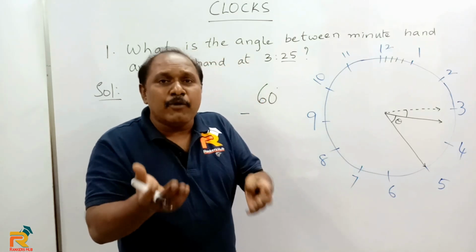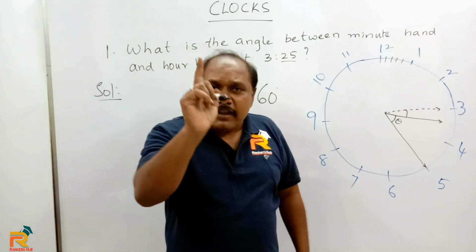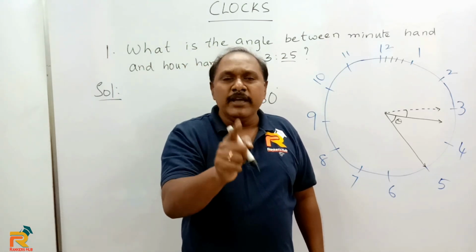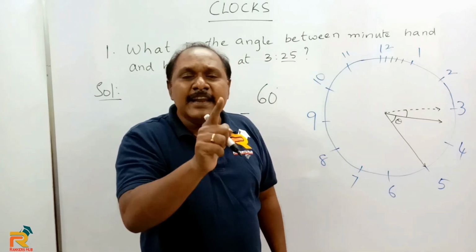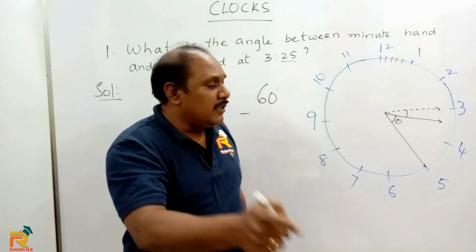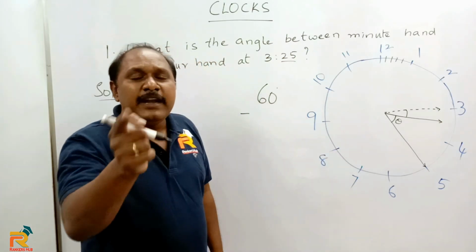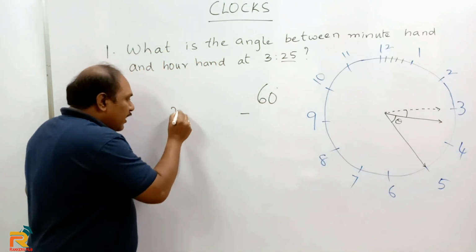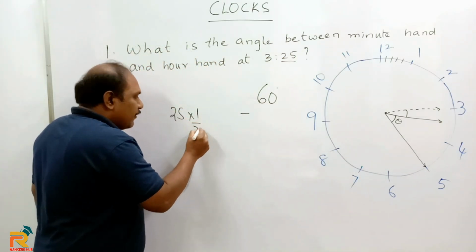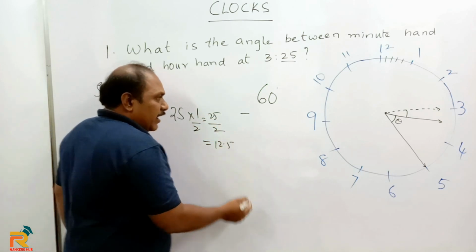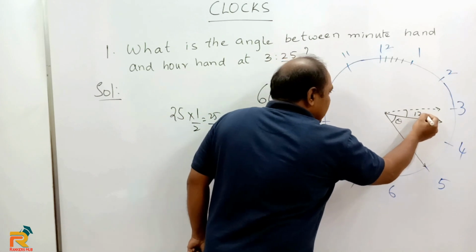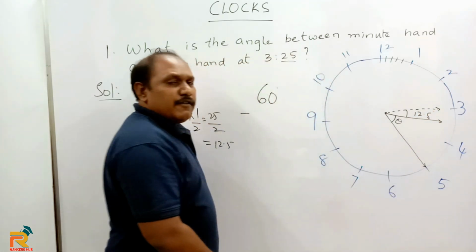Already we have learned a point that for every minute, the hour hand will be moving through an angle of half degree. So in 25 minutes, how many degrees will it move? 25 into half, that is 25 by 2, which is 12.5. So definitely this angle here is 12.5 degrees.